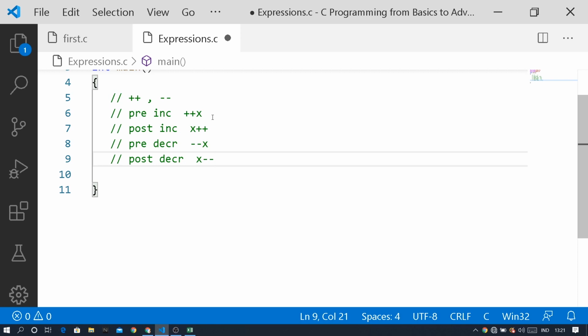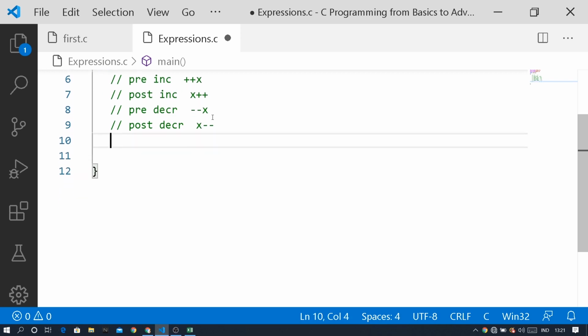These are the 4 forms of increment or decrement operator. Now I'll show you the difference between pre-increment and post-increment, and pre-decrement and post-decrement, with a few demos.